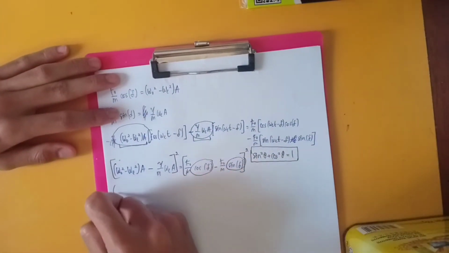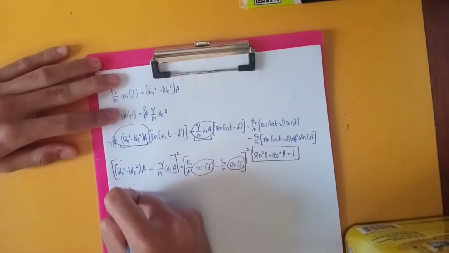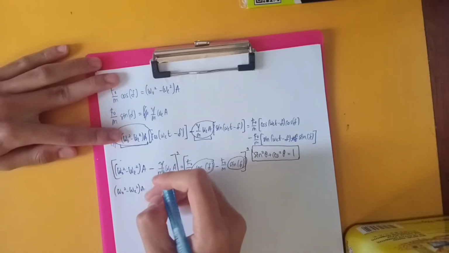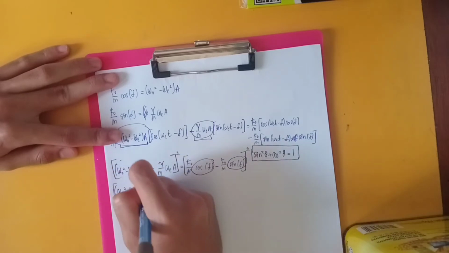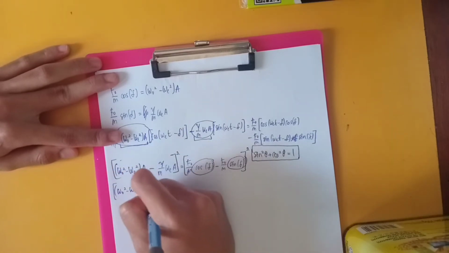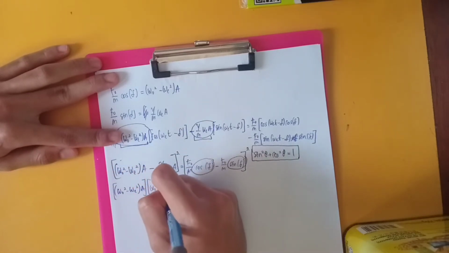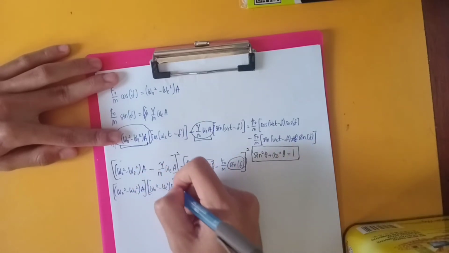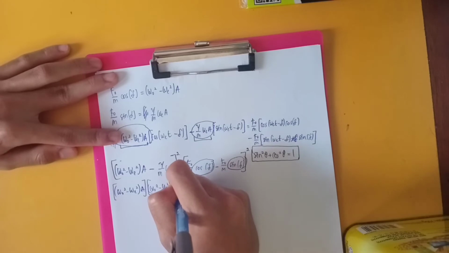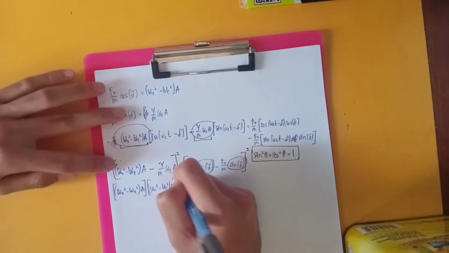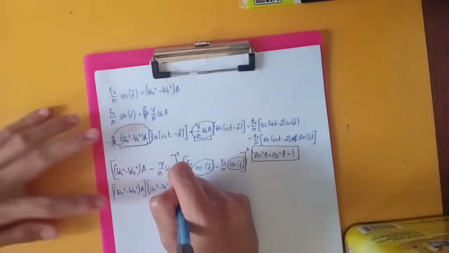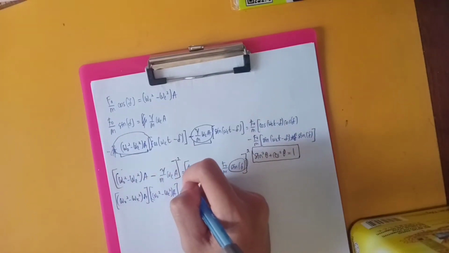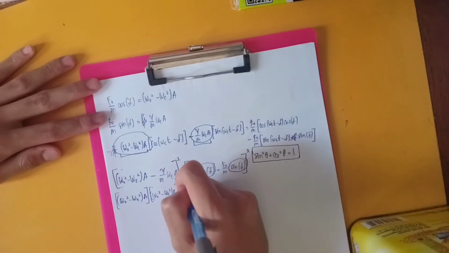So here, omega naught square minus omega e square, and then times the A. And then times itself, which is omega naught square minus omega e square times the A. And then this one becomes negative 2.